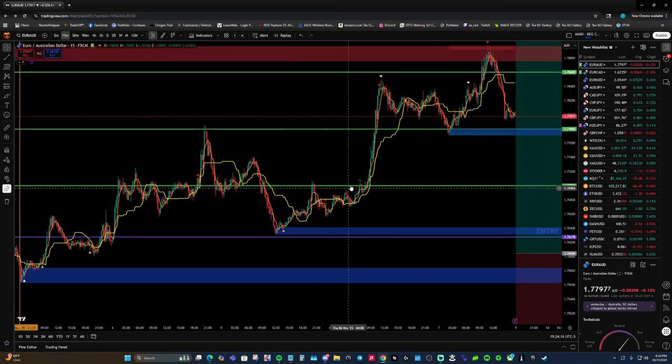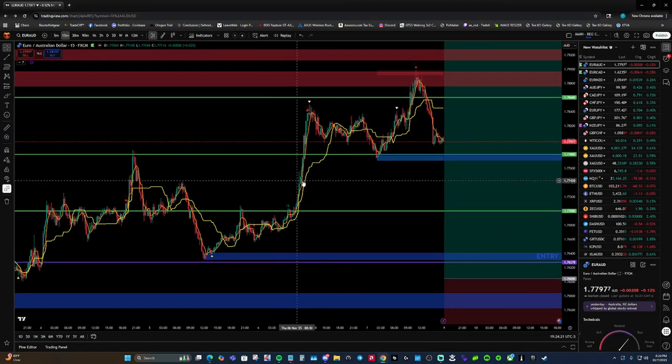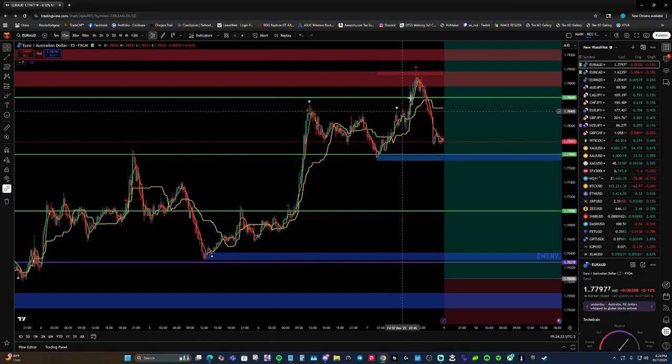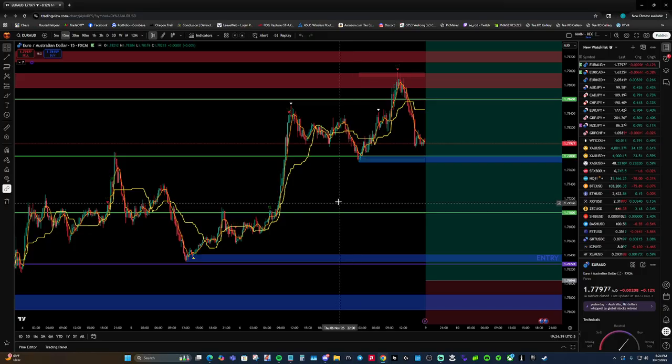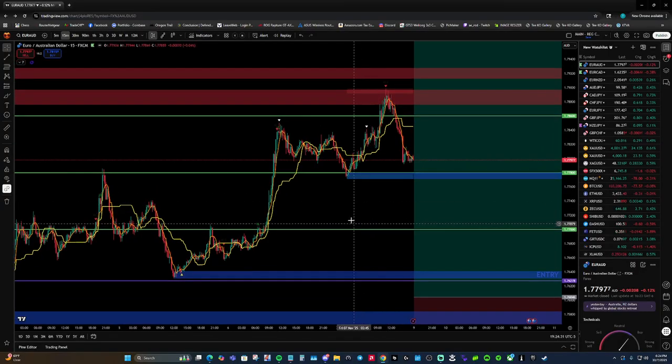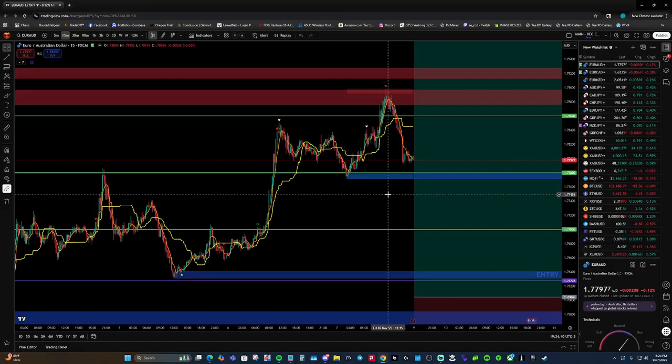Then it exceeded take profit 1, pushed up to take profit 2, swept that. Since then, price has hit take profit 3, and we're just trailing our stops as price continues to go up. If price pushes down any low, probably around 77 flat, which is about right here, or even 77.4, then we'll probably be out of this position entirely.